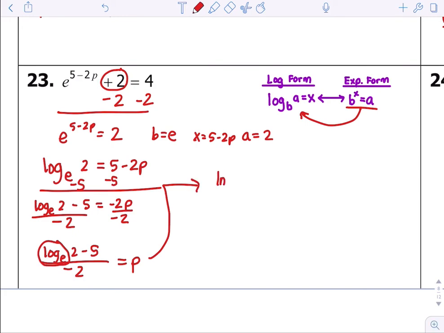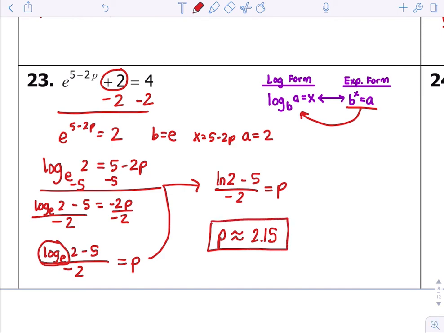So ln of 2 minus 5 all over negative 2 is equal to p. So p is roughly going to be, so ln of 2 minus 5 divided by negative 2, 2.15.